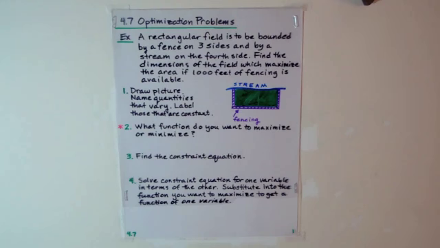Or if we're in construction, we might want to maximize the strength of a beam, design it so that it's as strong as possible. Or perhaps we would want to minimize the amount of material that we need to construct a soda can, something like that. So those are the kinds of problems that we encounter in this section called optimization problems.